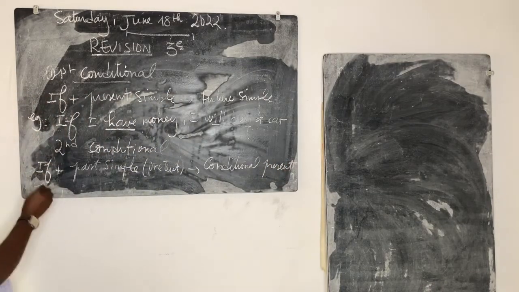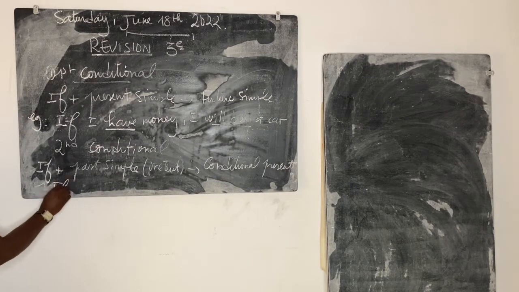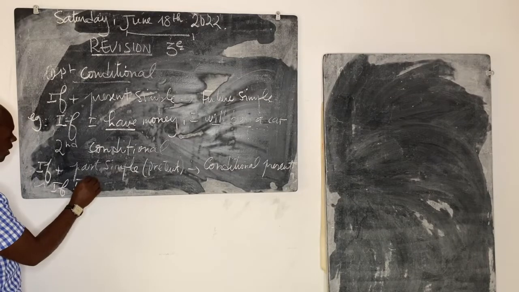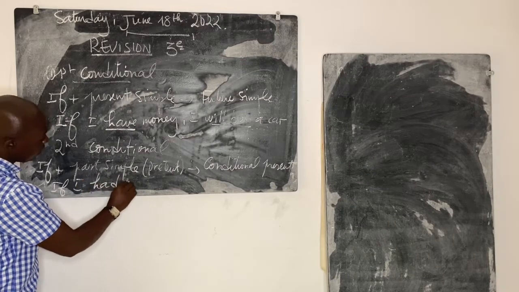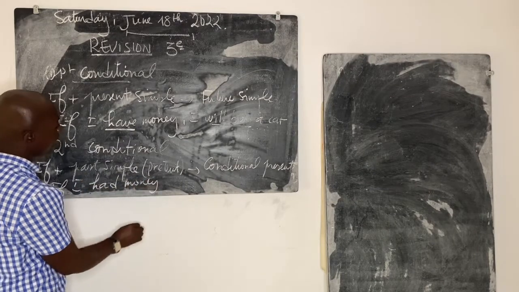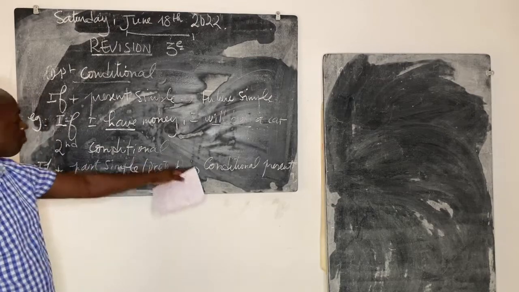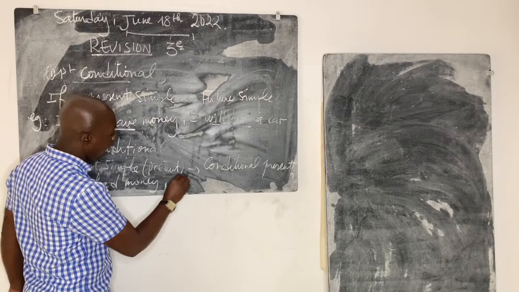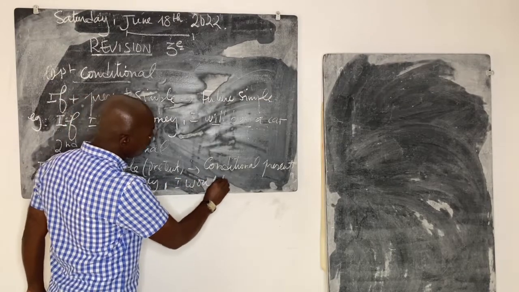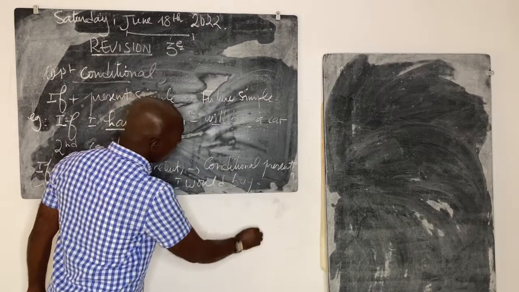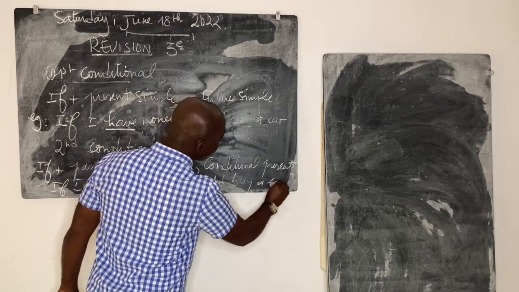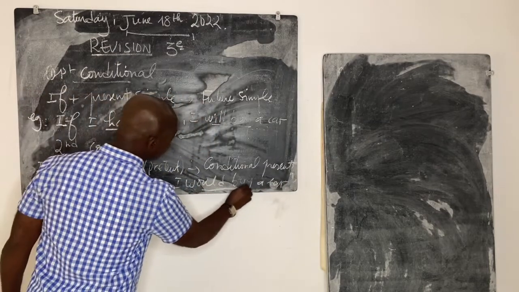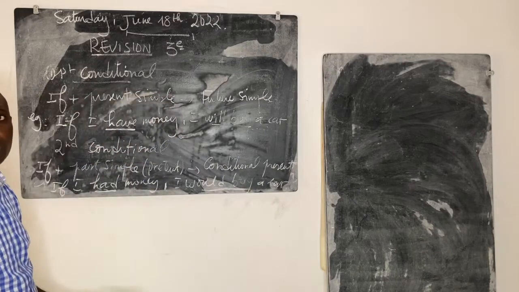Example, the same example: if I had money, I would buy a car. So past and conditional present or simple.